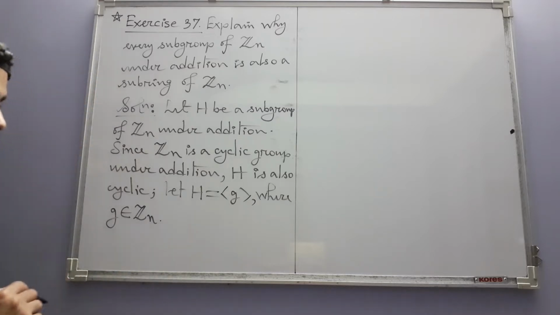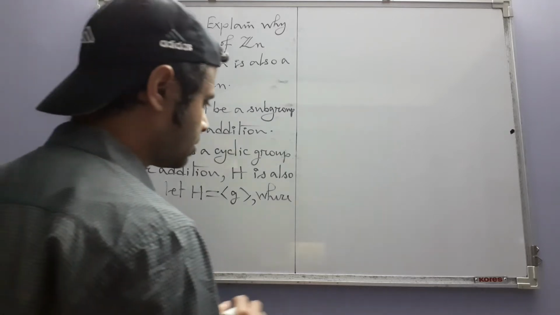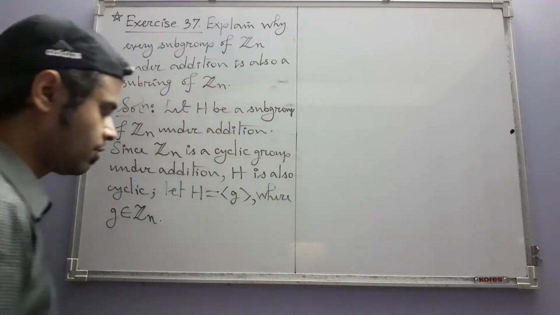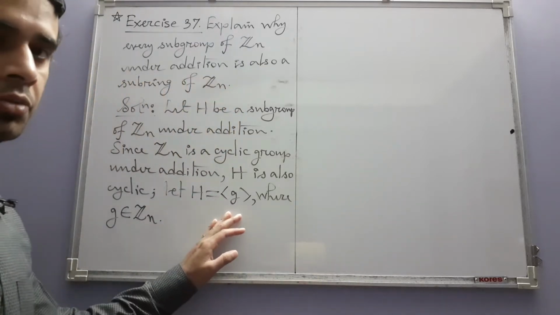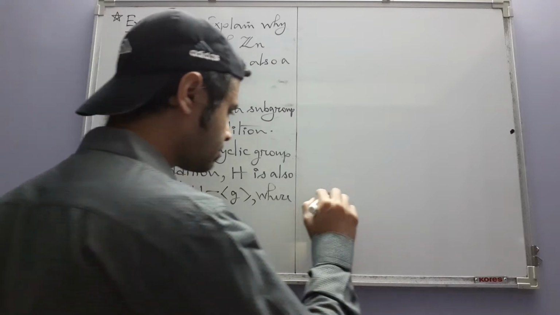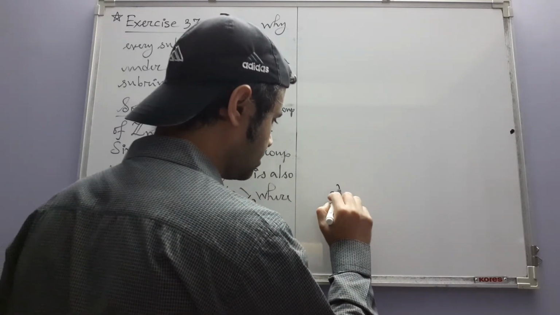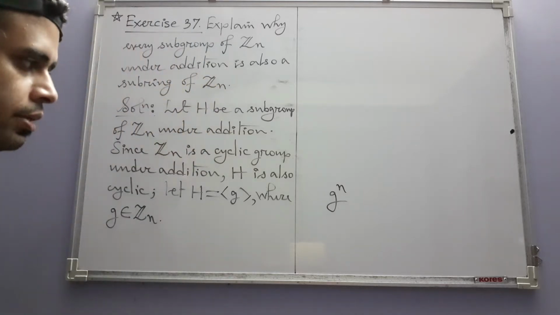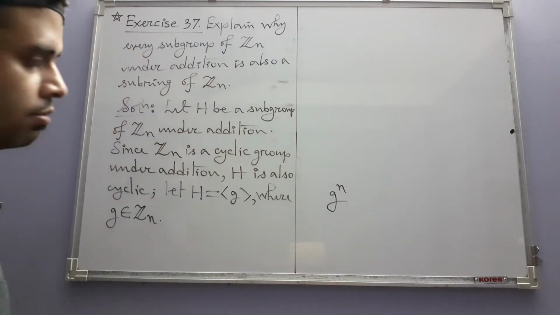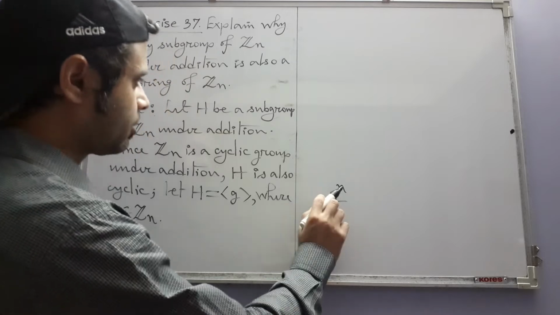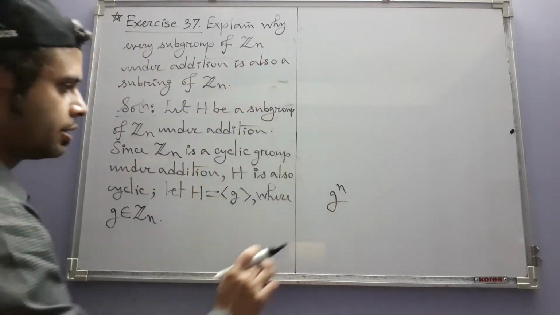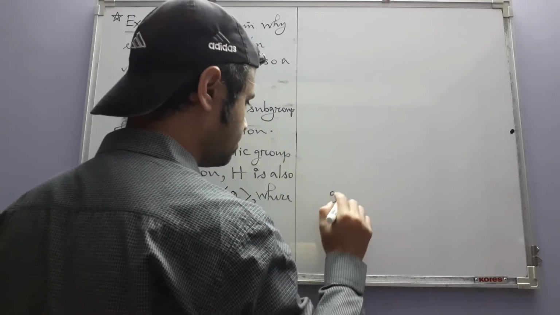Now the elements in H are what? If you follow the multiplicative notation, you know that in this cyclic group the elements look like this: integral powers of g, where we cannot use n because it's already chosen for the modulus.